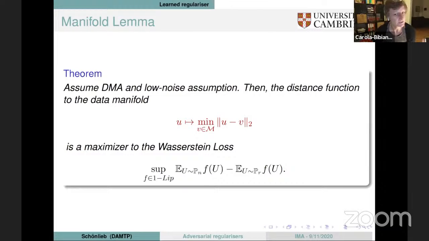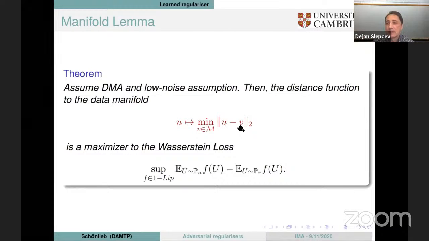We have not looked at this for training the regularizer, but I agree it could be interesting, because this gives you the metric on the images, so it could be interesting to look at something else.